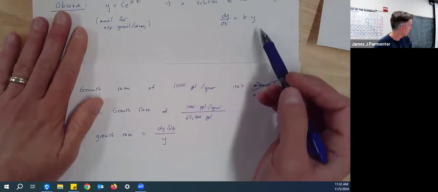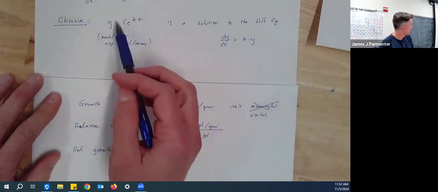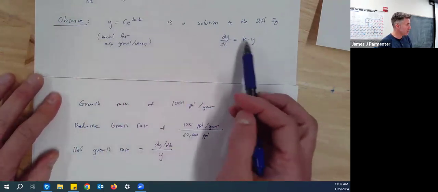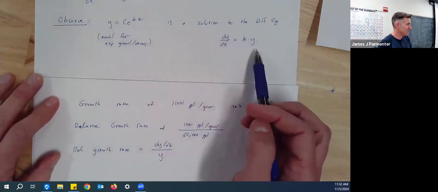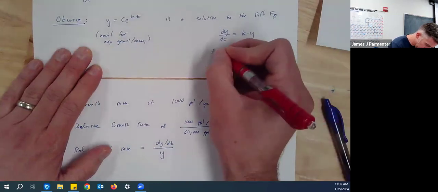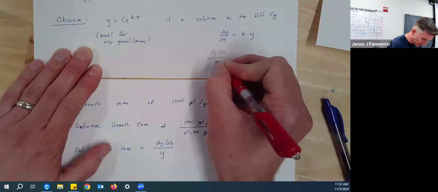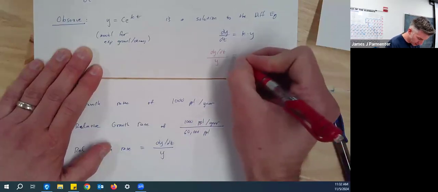If you look back here, we saw that exponential growth is a solution to this differential equation. If you take this differential equation and divide both sides by y, you get that dy/dt, the rate of change of y, divided by y, the population size, is equal to the constant k.